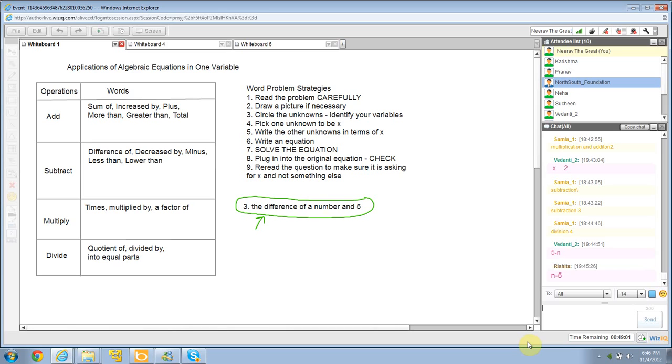Okay, you guys can keep typing in your answers, and here it is again. Okay, so go ahead and keep solving it.